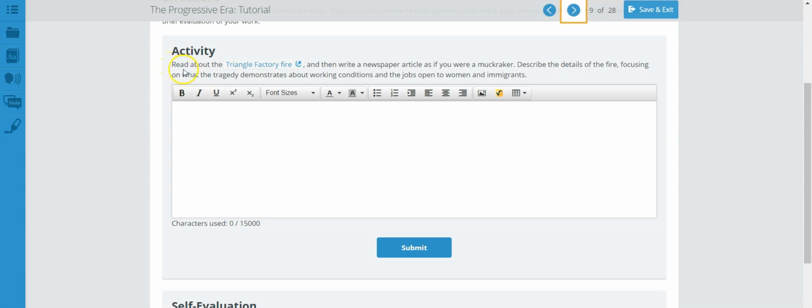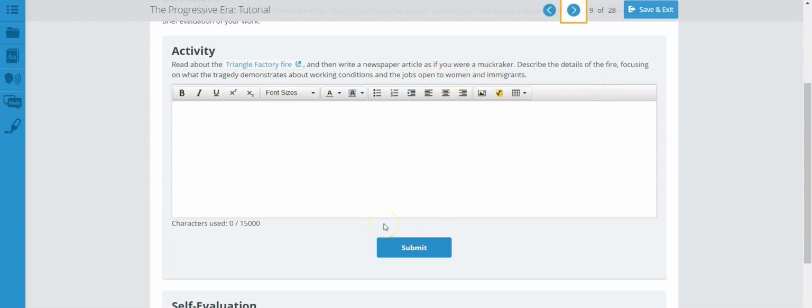So let's read what you're being asked to do. Read about the Triangle Factory fire, and then write a newspaper article as if you were a muckraker. Describe the details of the fire, focusing on what the tragedy demonstrates about working conditions and the jobs open to women and immigrants.